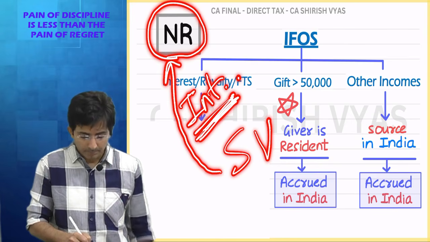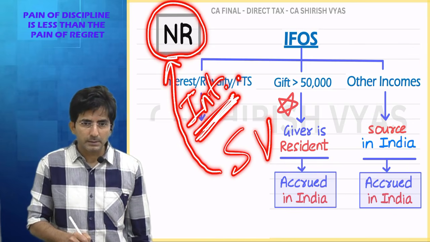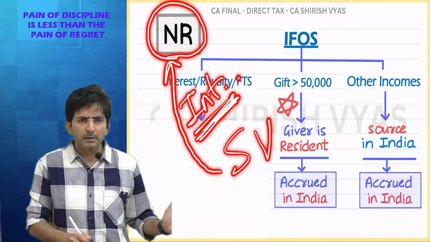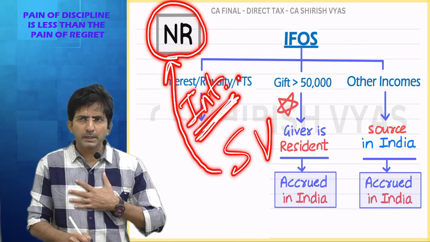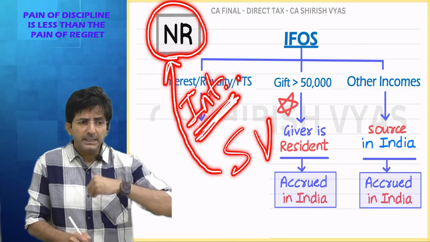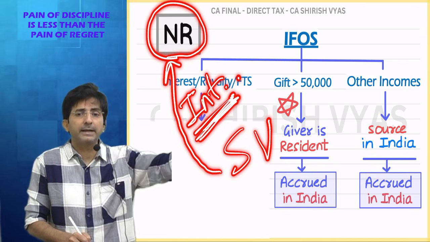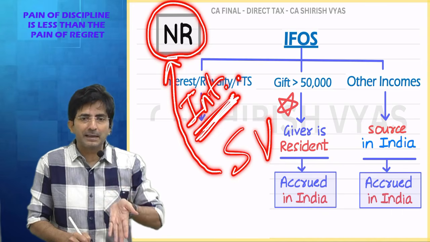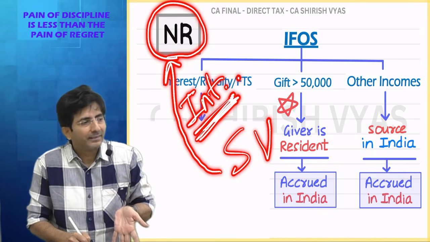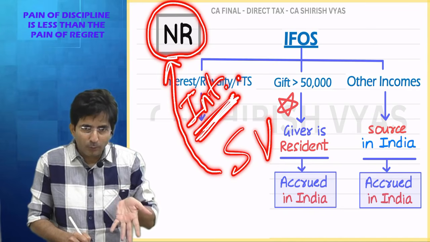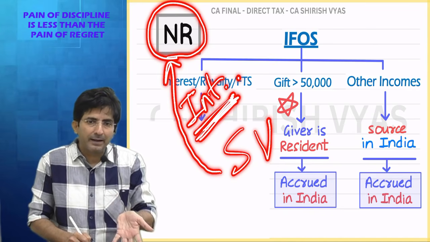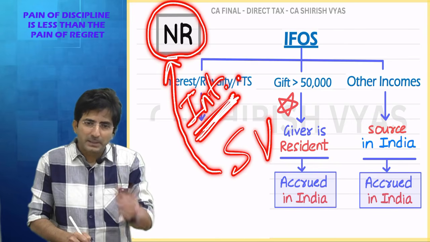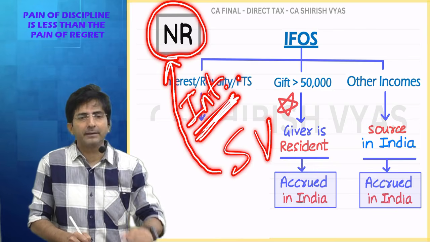Okay. Now answer this. Same example. Shirish took a loan from the Singaporean guy NR, and Shirish is paying interest. But I took the loan for my coaching class setup in India only. So it is for business in India, so accrued in India.